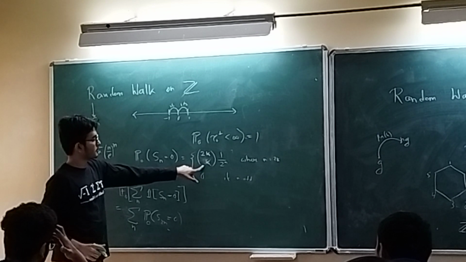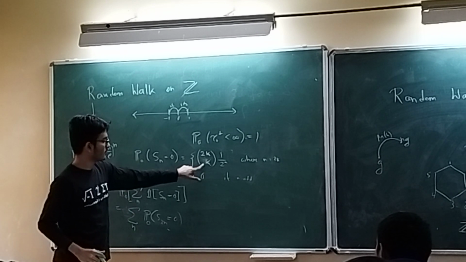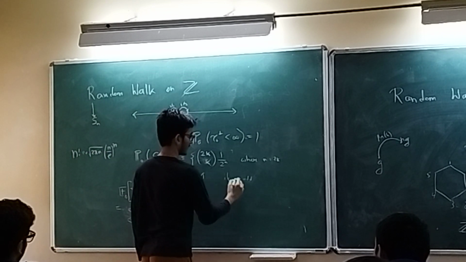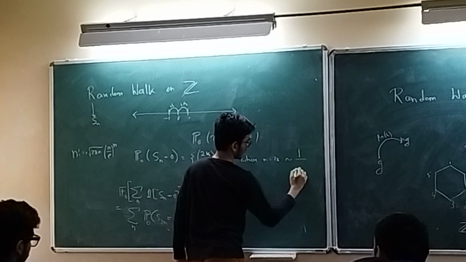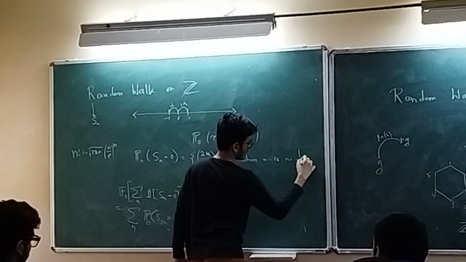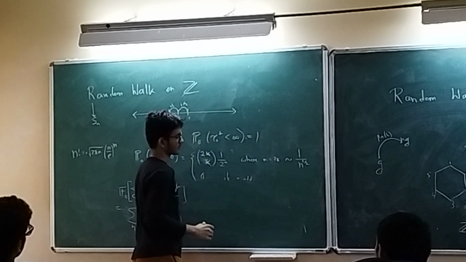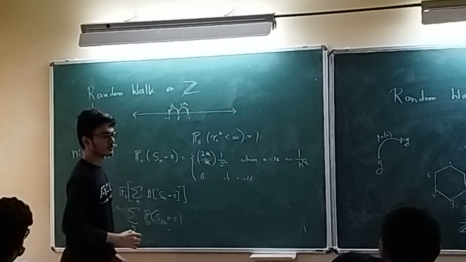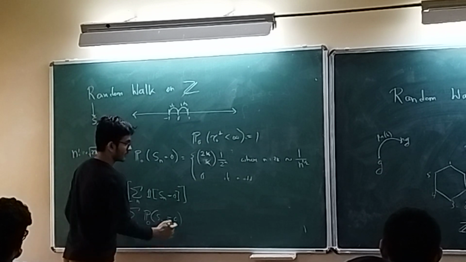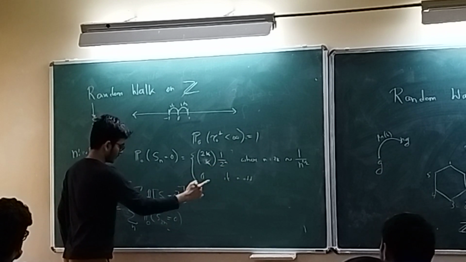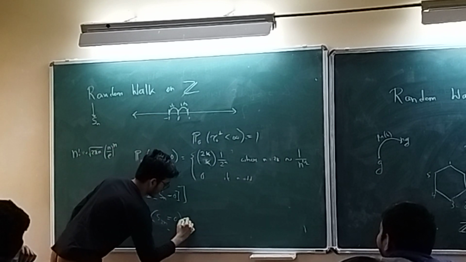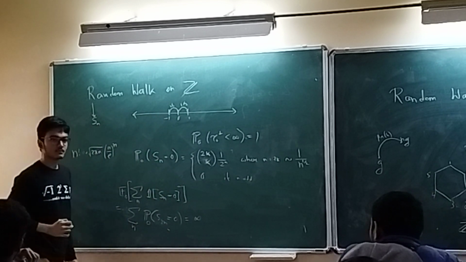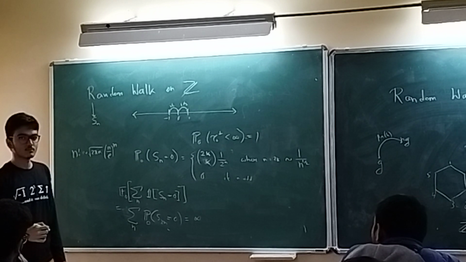If you use Stirling's approximation here, then you will see that this thing is approximately 1 over n to the power half, and if this is 1 by n to the power half, then this sum diverges. Right?